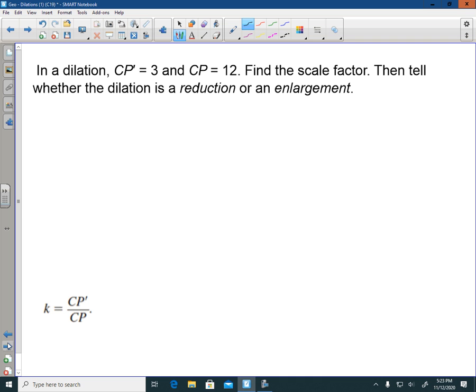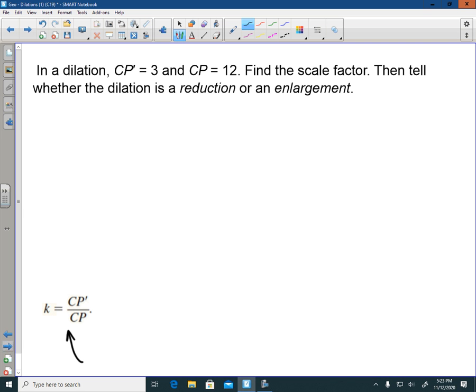All right, so here's an example where we do not have the figure, and so we're going to have to calculate the scale factor and then tell whether the dilation is a reduction or an enlargement based on what we found. So it says, in a dilation, CP prime equals 3 and CP equals 12, find the scale factor, then tell whether it's a reduction or an enlargement. And here's our little helping formula. So we want CP prime on top.